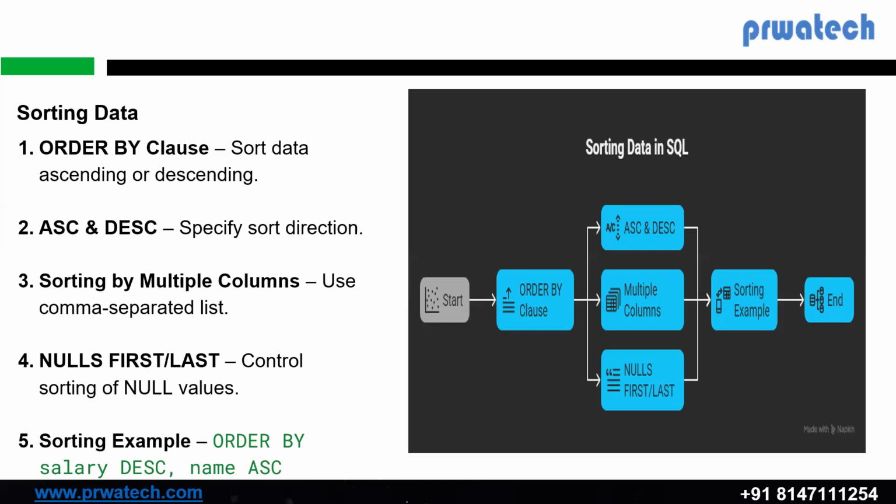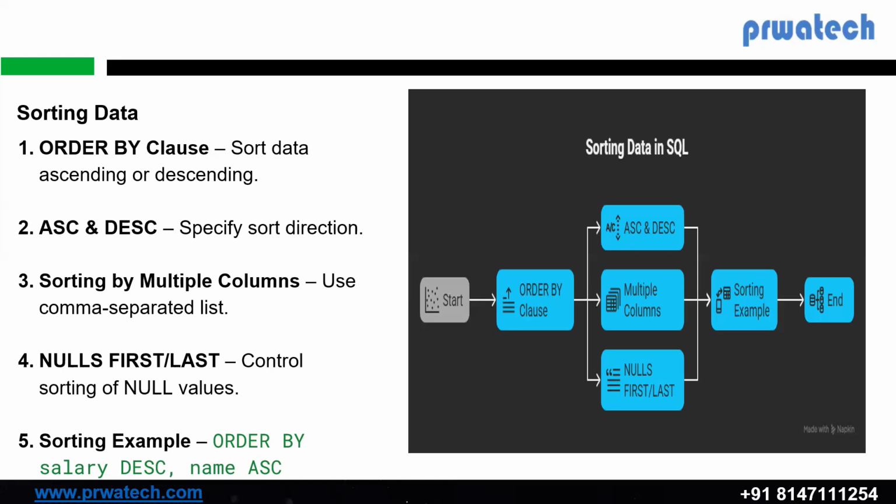Sorting by multiple columns: use a comma-separated list if you want to sort by multiple columns. Just write column 1, comma, column 2, then it will sort in ascending or descending order based on the first priority and then the second priority. If you want to control the sorting order for nulls, starting from null values or ending with them, we will be using NULLS FIRST or NULLS LAST.